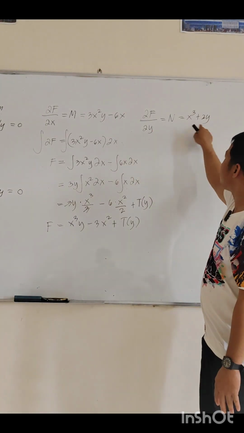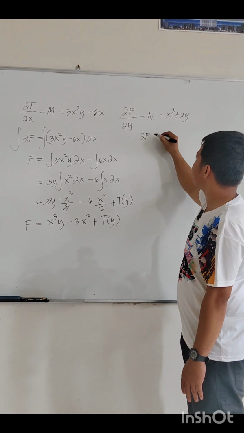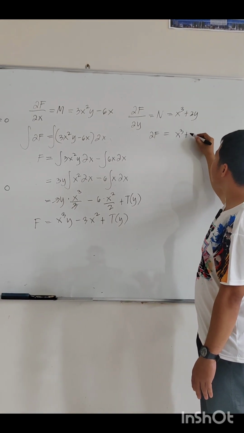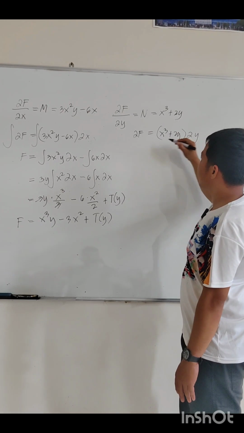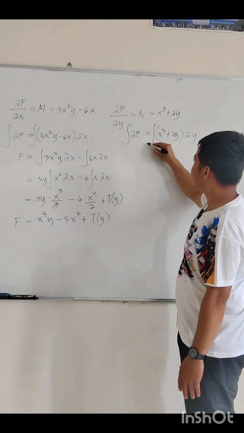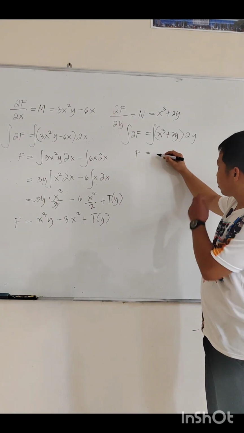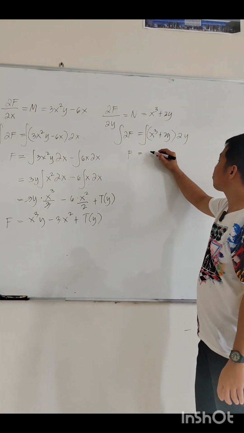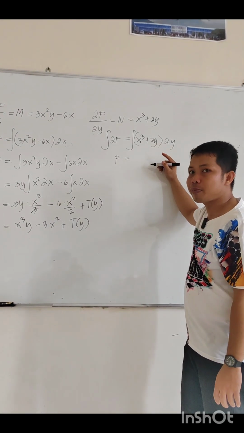How about dito sa equation na to? So just the same, we have partial of f equal to x cubed plus 2y. This is with respect to y. So integrating both sides, ano makukuha natin? F is equal to the integral of x cubed plus the integral of 2y with respect to y.